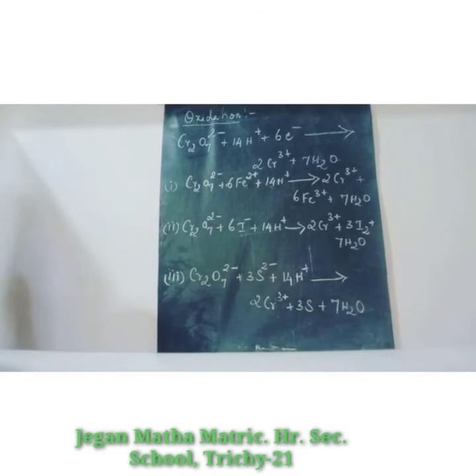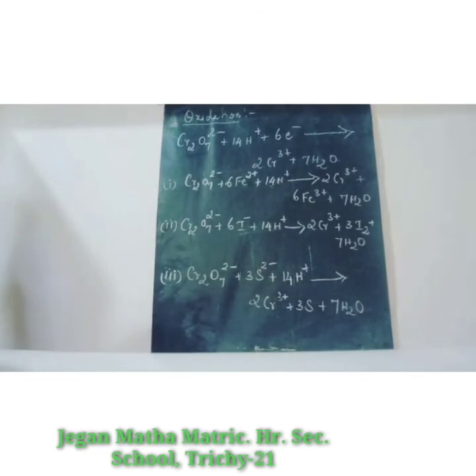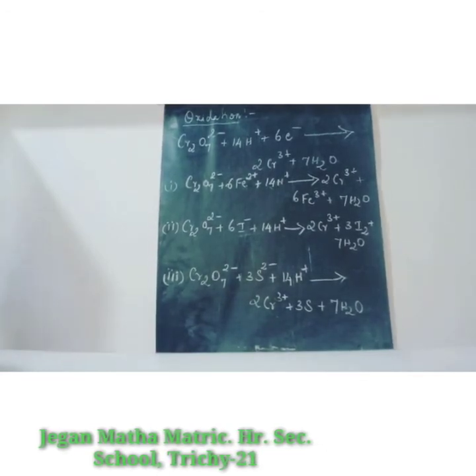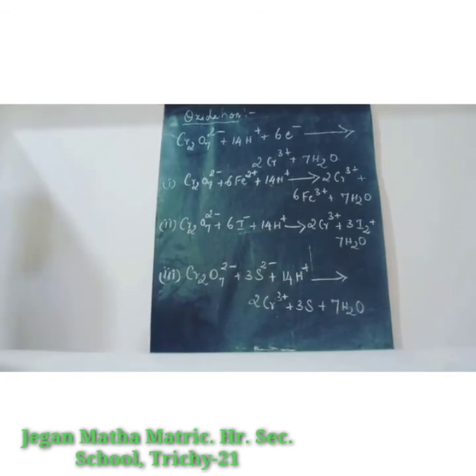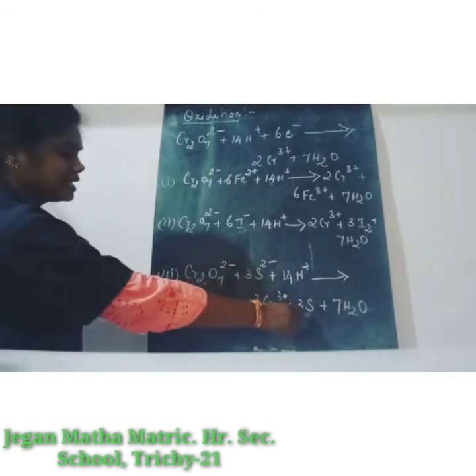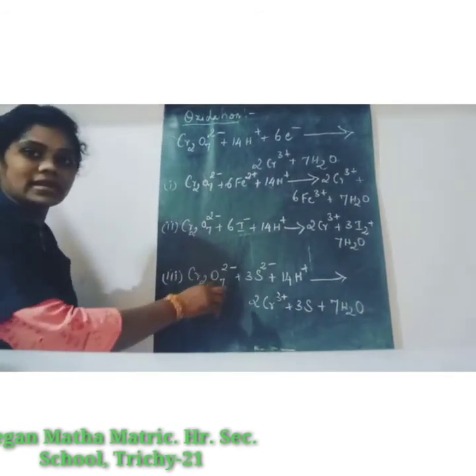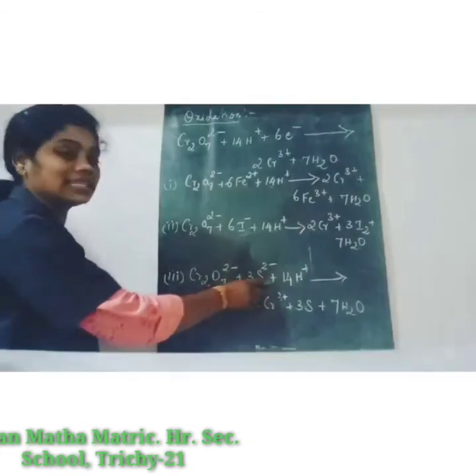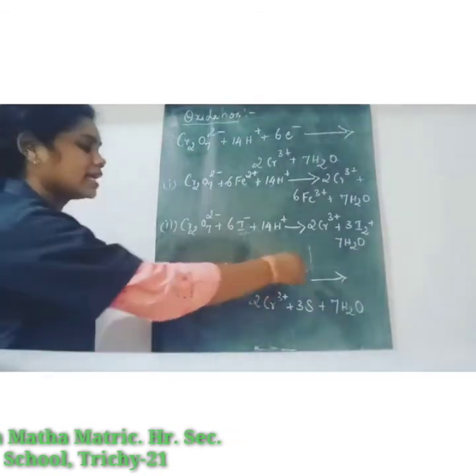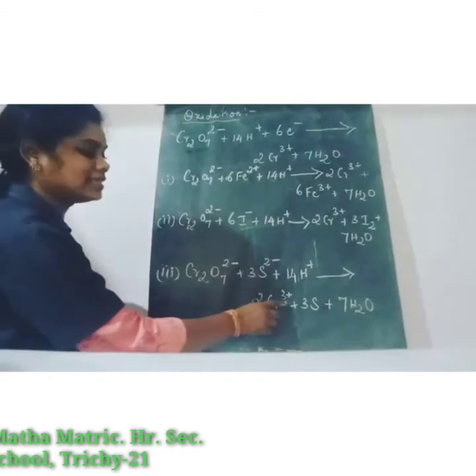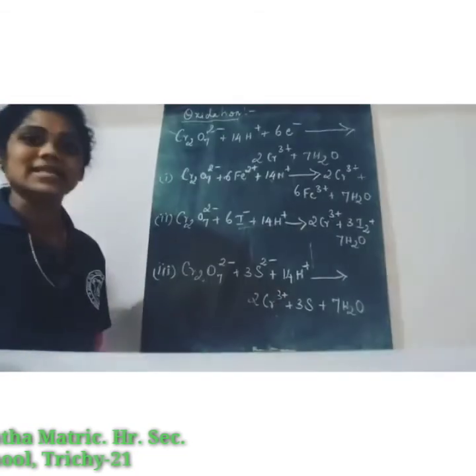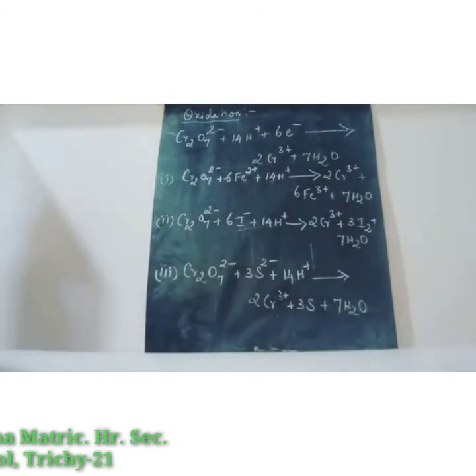And next one is it oxidizes sulfide ion to sulfur. So sulfide means S2 minus and sulfur means S. So potassium dichromate is reacted with sulfide ion in the presence of acidic medium. It is converted into Cr3 plus, sulfur, plus 7 times water molecules.